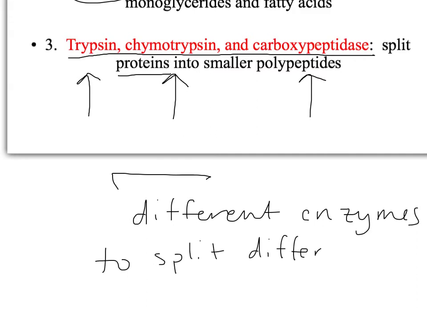So you actually have within your digestive system, let's see, at least 5 different protein splitting enzymes. And you need that many because proteins are a very diverse group chemically, and you need these multiple enzymes to split proteins.